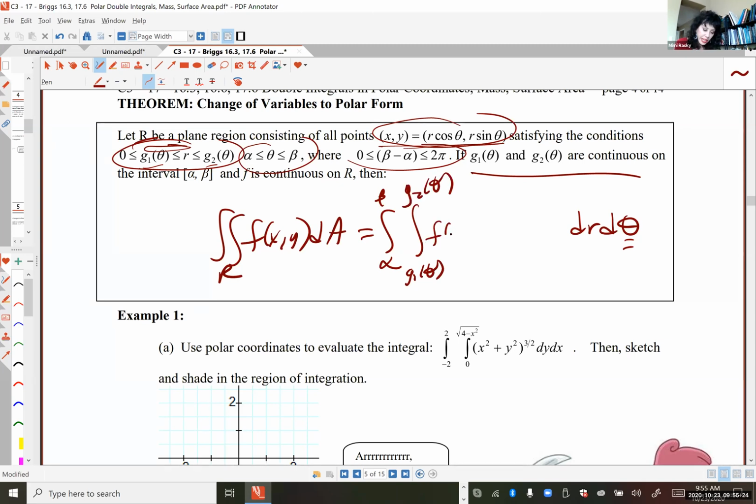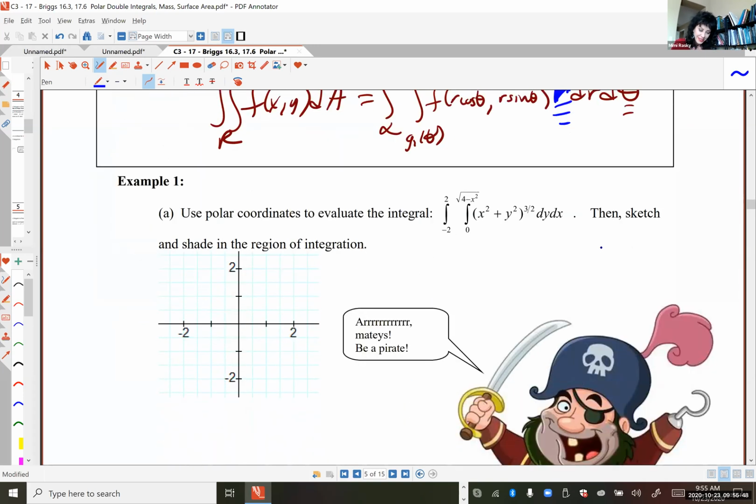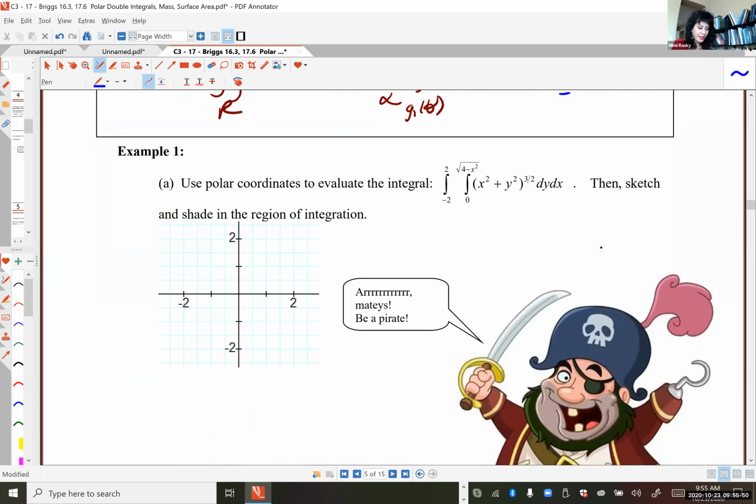Then you have your capping surface where you replace the x's with r cos theta and the y's with r sin theta. But what am I missing here? Be a pirate? R! R goes in there. I know I'm being ridiculous, but you will thank me later because it will save you from blowing it. Let's do a quick example. This is really fun.